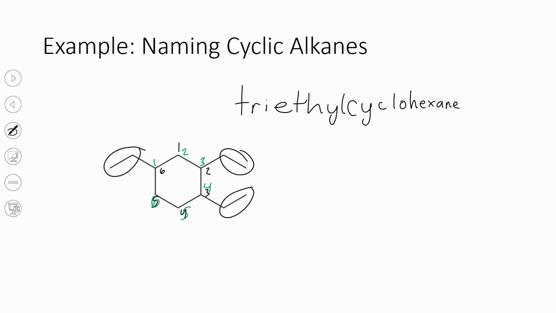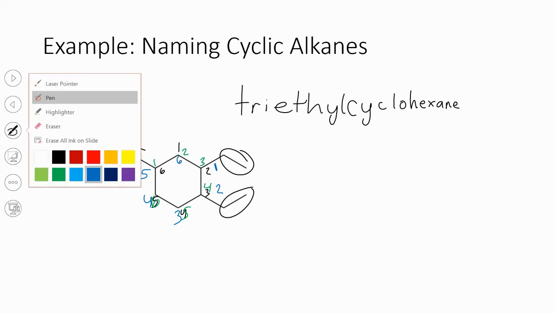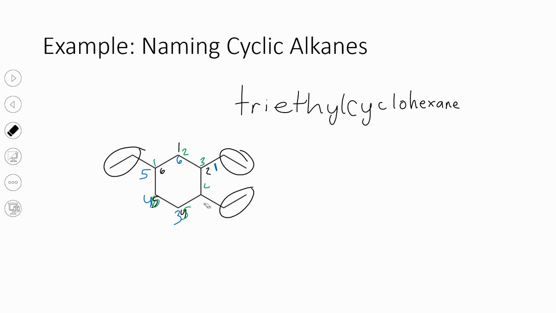Or we could try maybe starting here. 1, 2, 3, 4, 5. Oh, also 6. We can go to 6. So I don't like any of these. Let's try this other way. Let me show you.